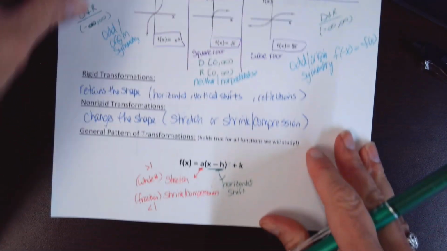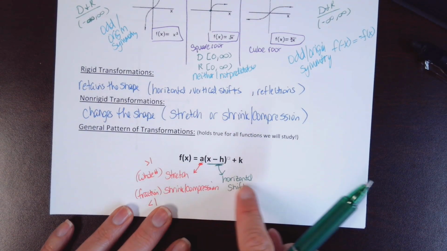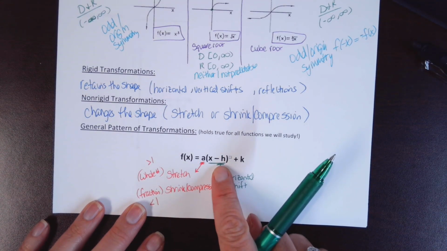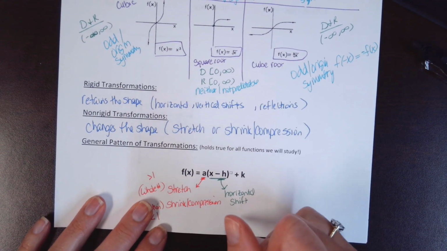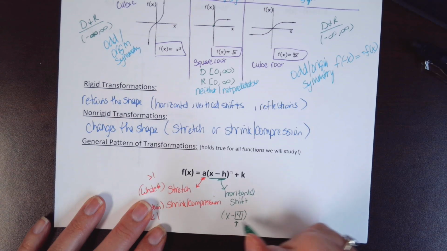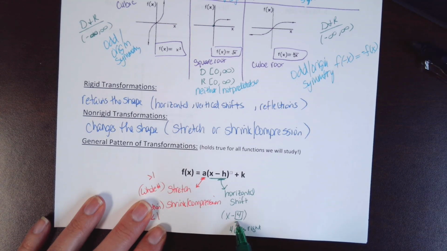That is inside, attached to the x. That's my horizontal shift. Now, I want to point out this starts out as x minus. So if it ends up as x minus 4, I plugged in a positive 4. That's going to take me 4 units to the right because I actually plugged in a positive 4. That x minus started out there.